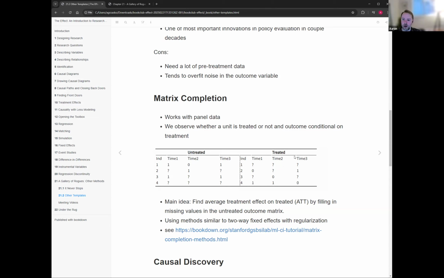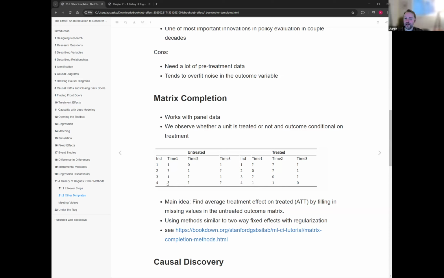You could consider those to be months. Wherever we have these populated values for treatment, we're trying to figure out the counterfactual: what would have happened for individual 4 in time period 1 if he or she didn't watch Home Alone?